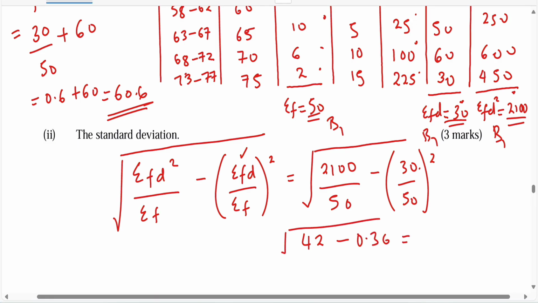So 42 minus 0.36 is 41.64. The square root of 41.64 is around 6.453, to 4 significant figures. This is very important.